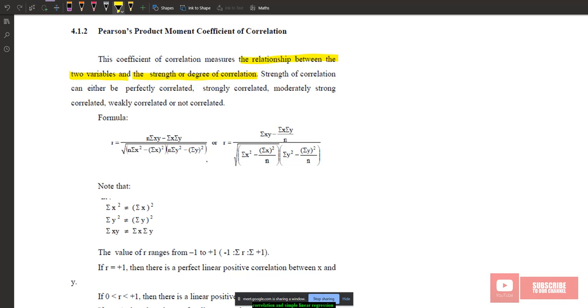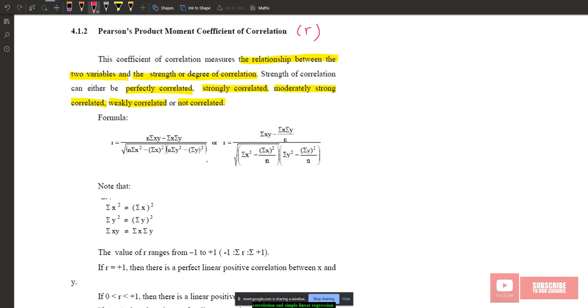The strength of correlation can be perfectly correlated, strongly correlated, moderately correlated, weakly correlated, or not correlated. The symbol for the Pearson product moment coefficient of correlation is r, so we're going to use r to represent it.